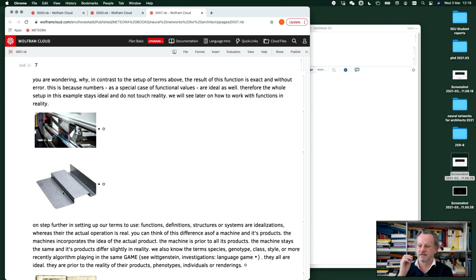So if there is a big error, it's bad. And if there's a small error, it's a good product. So there's a scale between good and bad in products, in time, in production. So because of that there is this difference between the ideal and the real.